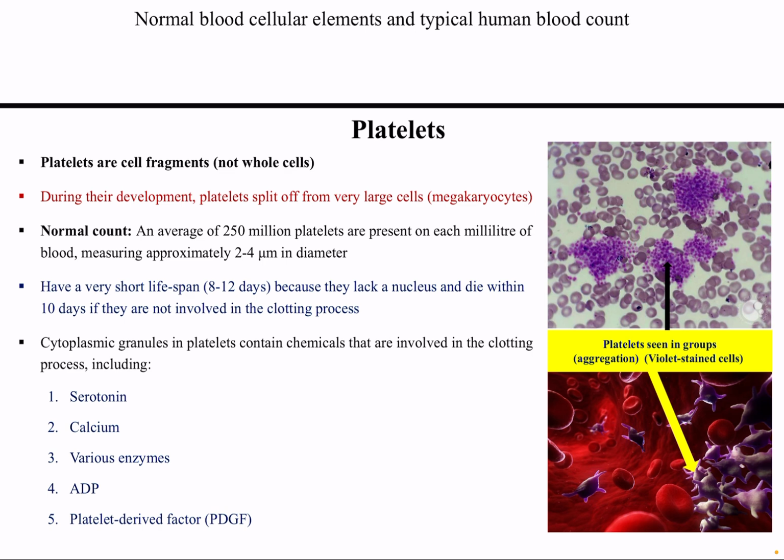Exposure of the collagen will attract the platelets to the site of injury, and then platelets release this serotonin. Serotonin constricts the blood vessels so as to decrease the blood flow to the injured part of the blood vessel. This is the first step of the mechanism of hemostasis.